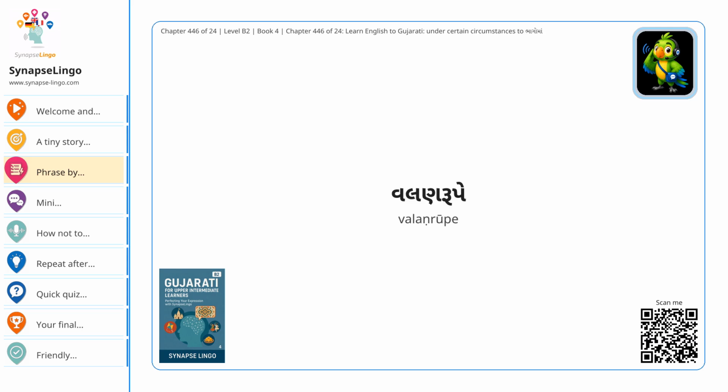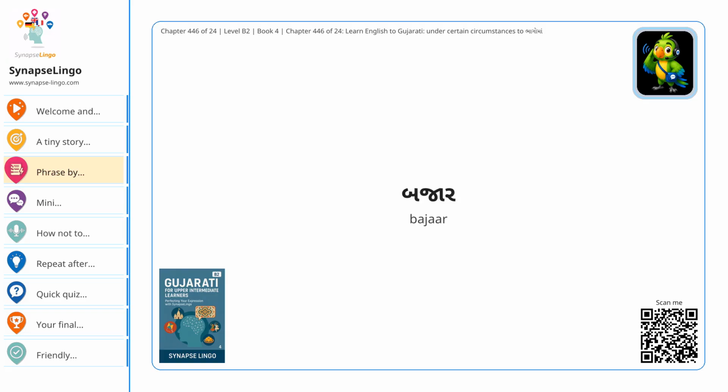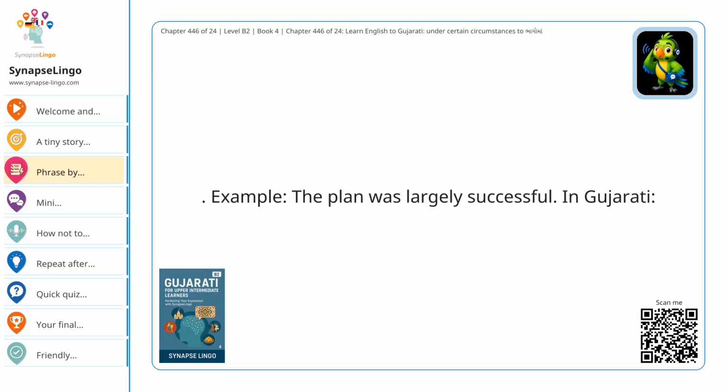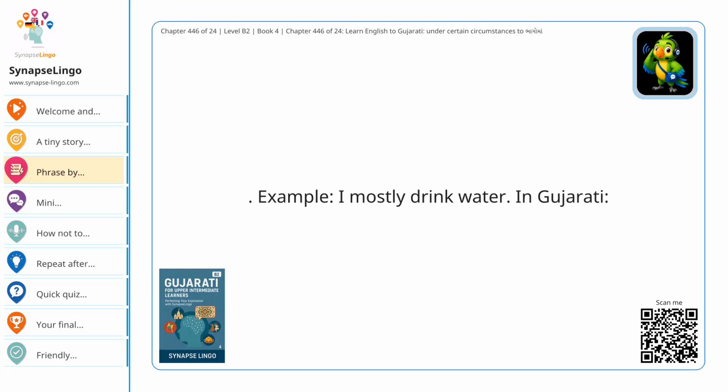Tendentially is વલણ રૂપે. Example: The market is tendentially moving upward. In Gujarati: બજાર, વલણ રૂપે, ઉપર જઈ રહ્યું છે. Largely is મોટા ભાગે. Example: The plan was largely successful. In Gujarati: યોજના, મોટા ભાગે, સફળ રહી. Mostly is મોટે ભાગે. Example: I mostly drink water.